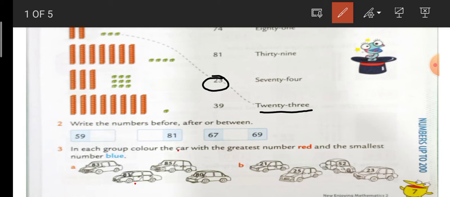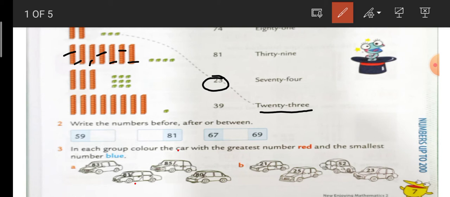So how many tens are there? Let us count. 1 2 3 4 5 6 7. There are 7 tens. 7 tens means what? 70. That should come in your mind immediately. Then after that we have 4 ones, if you count them properly.